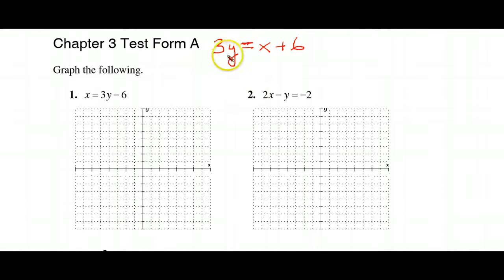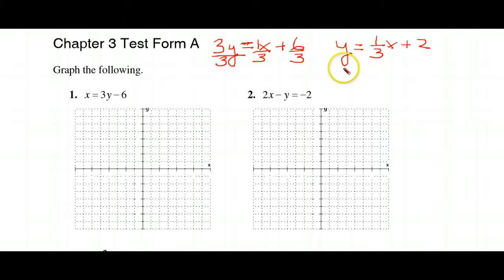Now I'm going to solve it for y by dividing everything by 3. So I then get y equals 1/3 x plus 2.